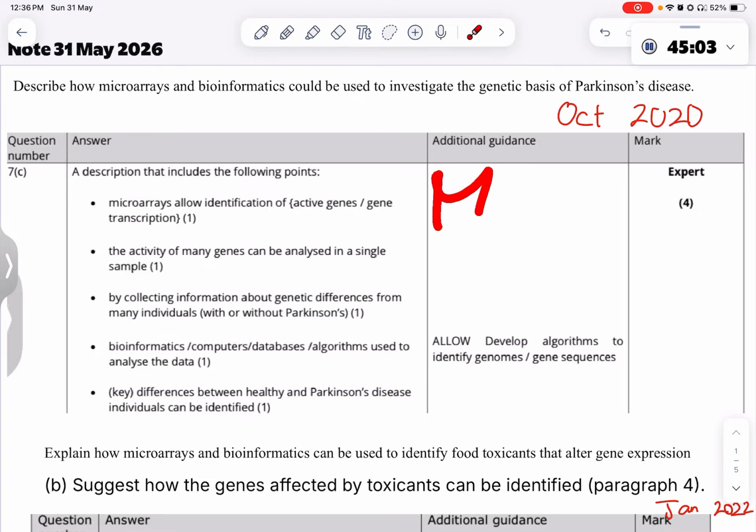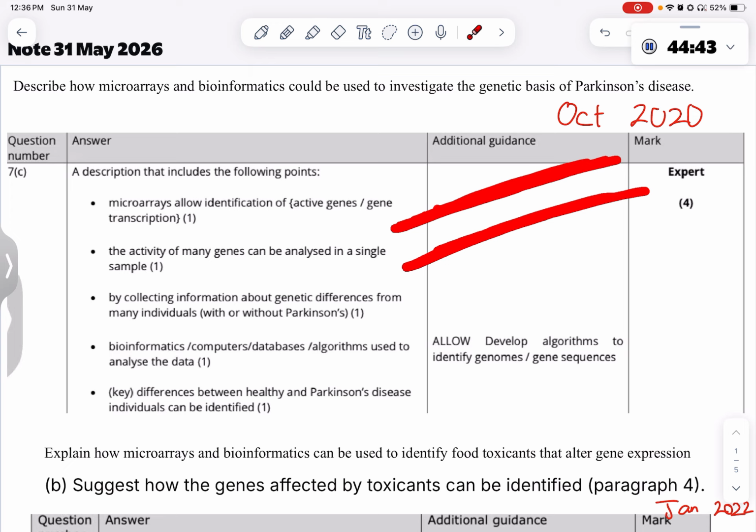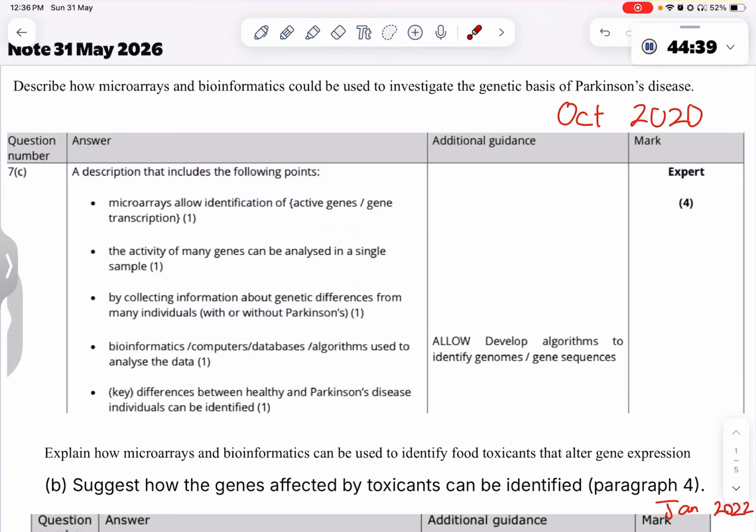In microarrays we compare the genes activated in both the diseased and the healthy. Whatever the disease, it's always comparing the diseased genome to the healthy genome to know the genes activated and how they're different. Some genes are activated in both, some are activated in only one, and some are activated in neither.